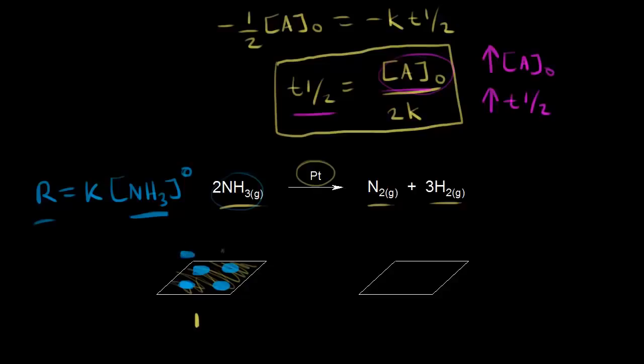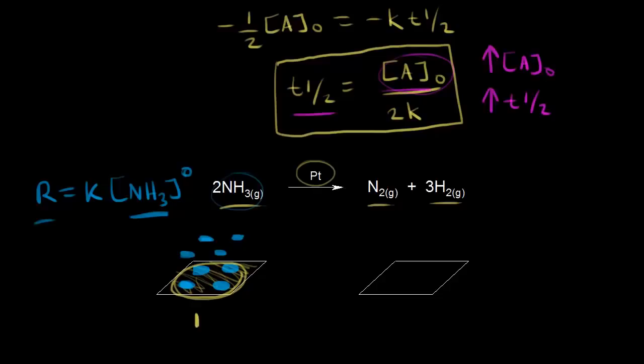If you increase the concentration of ammonia, I'm adding some more ammonia molecules in here, you're not affecting the overall rate of the reaction because the ammonia molecules I just added are not in contact with our platinum surface. So only these down here are in contact and are able to react. We increased the concentration of ammonia, but we didn't have any effect on the rate because the rate of the reaction is limited by how much surface area of our metal we have.